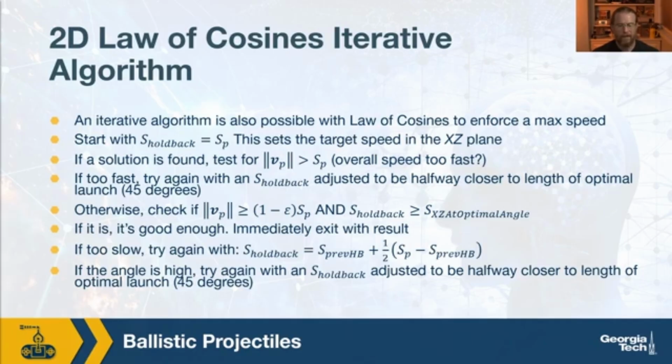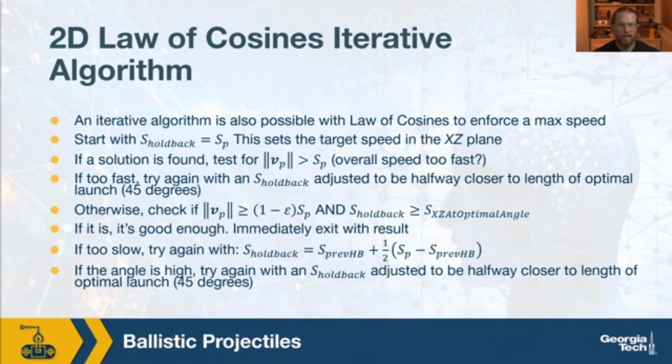If it is greater than that, that means it's a shallow throw, and that's good. We don't want to waste energy in the vertical any more than we have to, because that means we're just wasting time. We're pushing the t value out further unnecessarily, giving our target more opportunity to evade. We want it to be as low an angle as possible. If this overall criteria is met, it's good enough. We can exit and return this result that's nearly perfect.